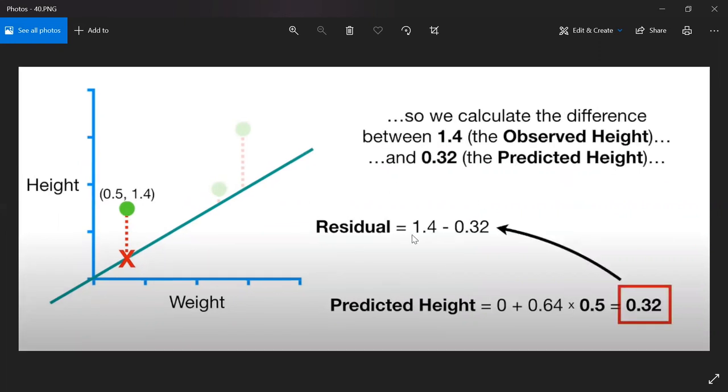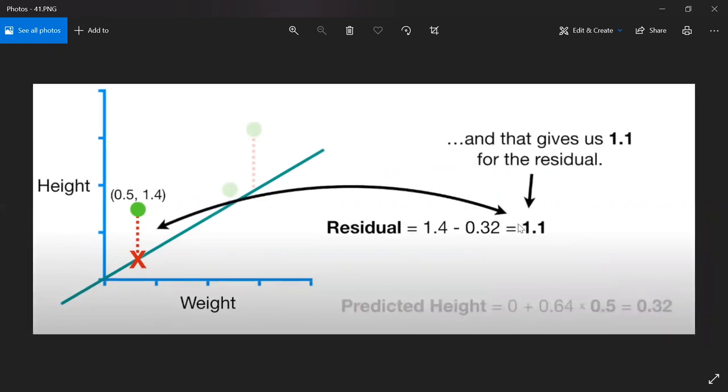Yes. So the residual is 1.4 minus 0.32, which is 1.1 for the first point. Guys, clear?